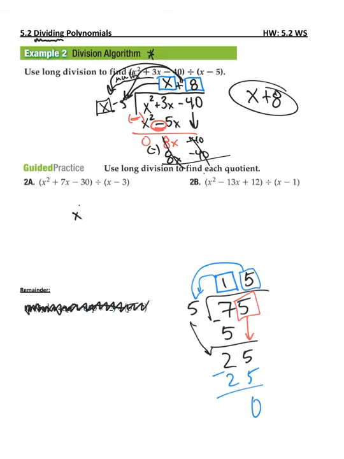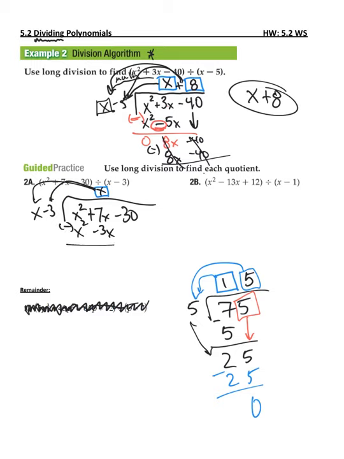Here we've got the polynomial x squared plus 7x minus 30. We're going to divide it by x minus 3. For that first box, what am I going to multiply x by to get that x squared? It'll be x. x times x gives me my x squared. x times negative 3 is negative 3x.